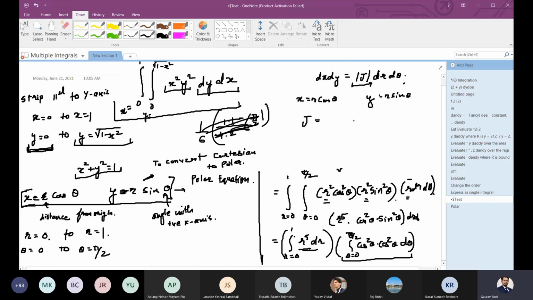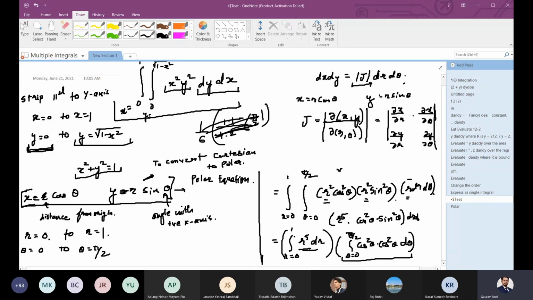So anyone, what is Jacobian? What is the Jacobian that you have seen in your LADC course? No one knows what is Jacobian? Del of xy with respect to r comma theta, which can be solved further as determinant: derivative of x with respect to r, derivative of x with respect to theta, derivative of y with respect to r, derivative of y with respect to theta.